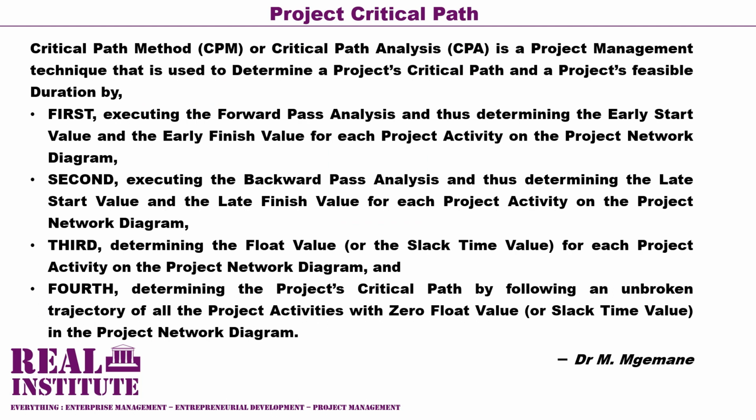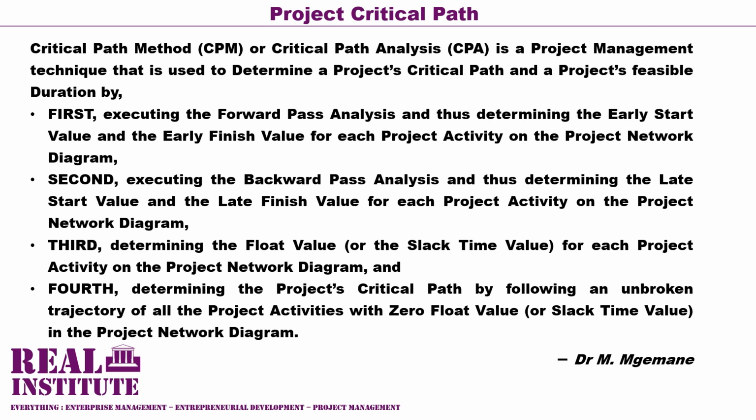The critical path method is a project management technique that is used to determine a project's critical path and a project's feasible duration. This is done by first executing the forward pass analysis and thus determining the early start value and the early finish value for each project activity on the project network diagram.